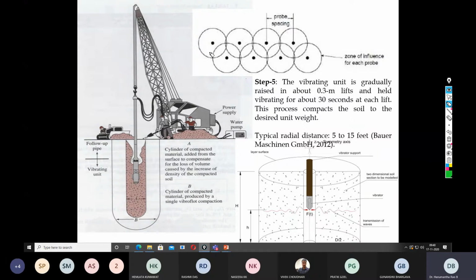This is the plan view. You can see these inner dot circles indicate the vibroprobe locations, while the outer circle indicates the zone of influence. The space between the two vibratory locations is the probe spacing.